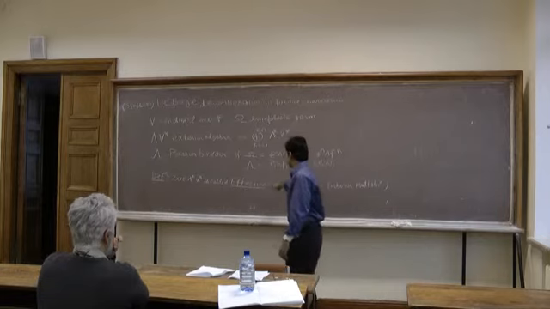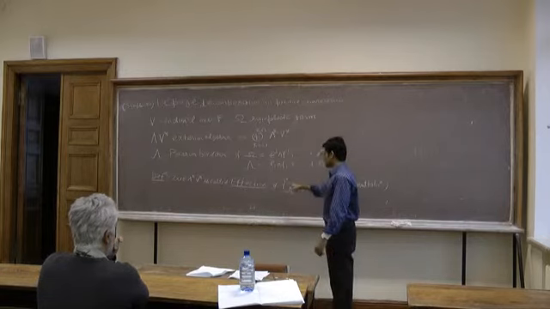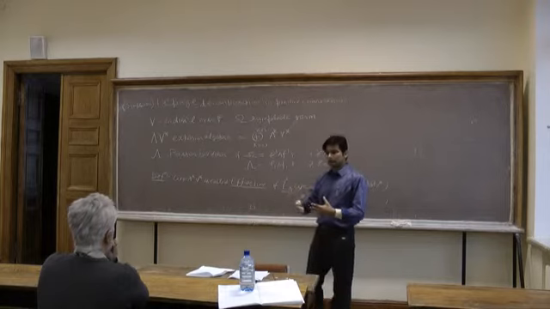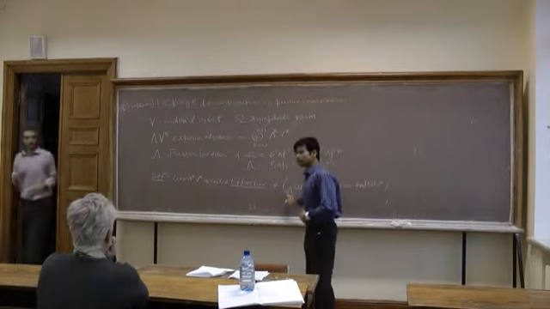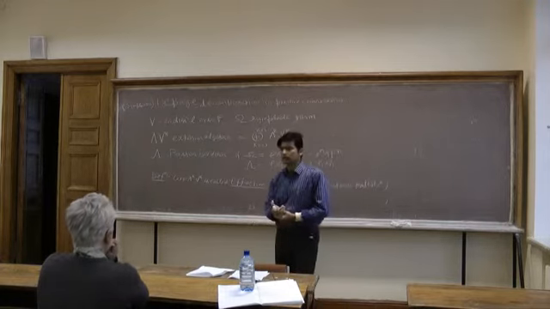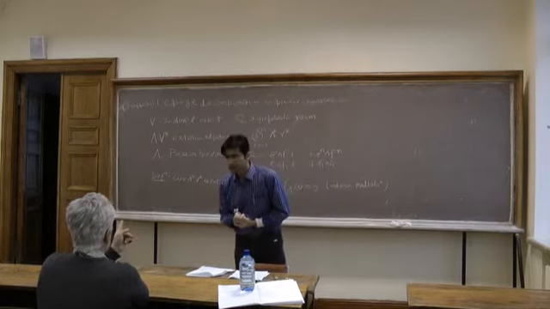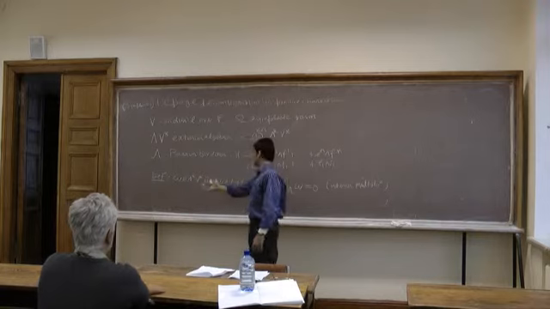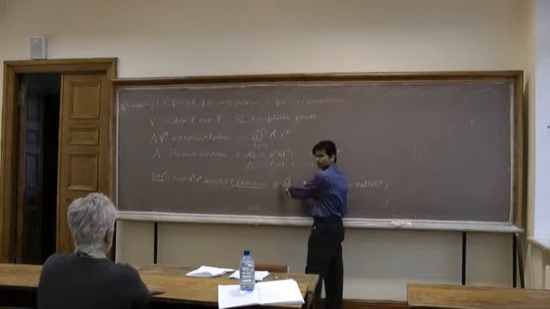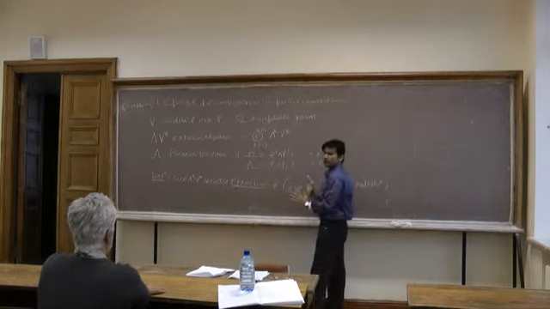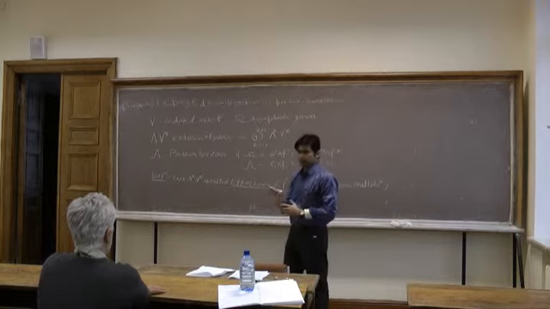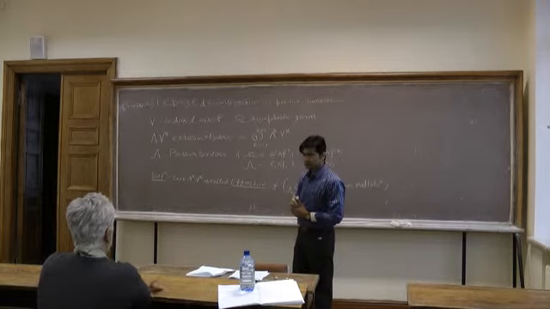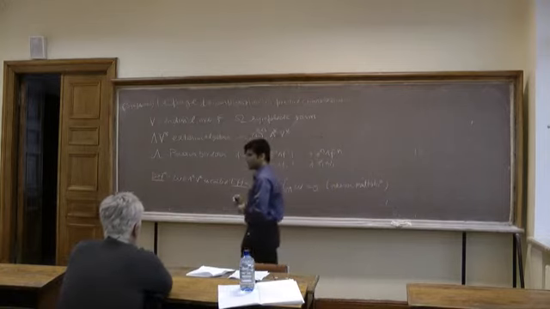A k-form omega is called effective when you contract it by this Poisson bivector and you get 0. This is the definition. Omega is a k-form, and this object will be a k minus 2 form. If it is 0, we say it is effective. Definition. Okay, so what is the idea?